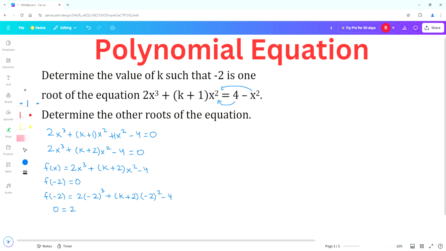-2 cubed is equal to -8. -2 squared is equal to 4. We have to solve this equation to find the value of k.